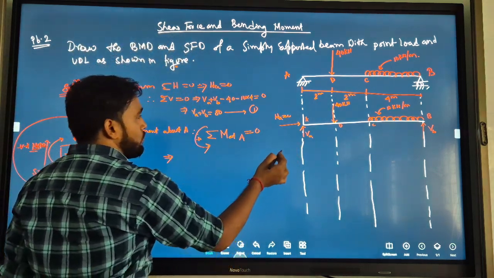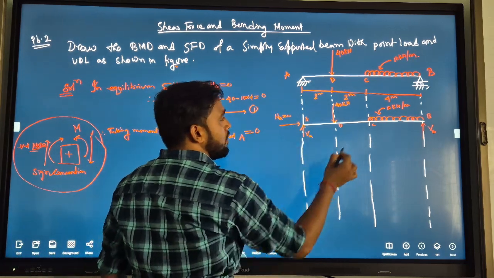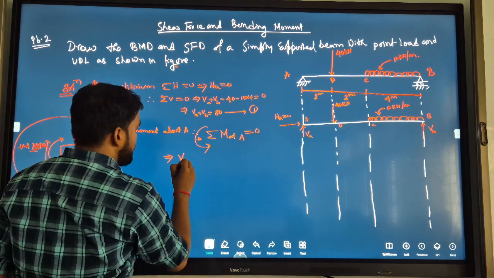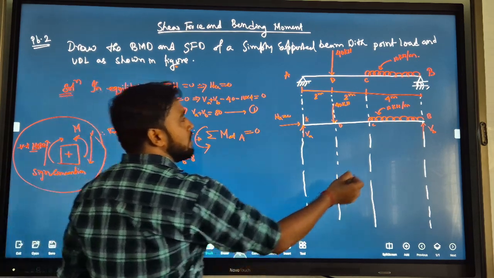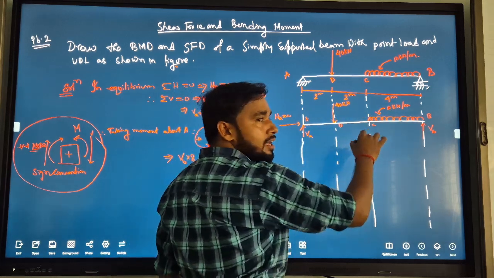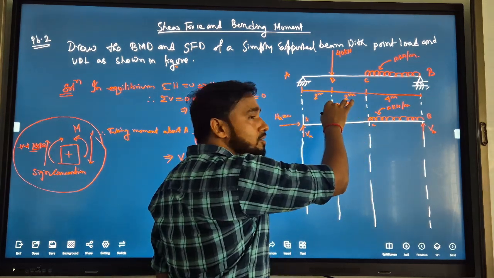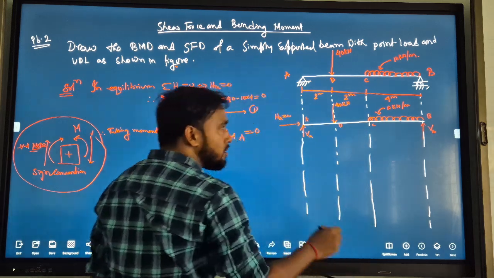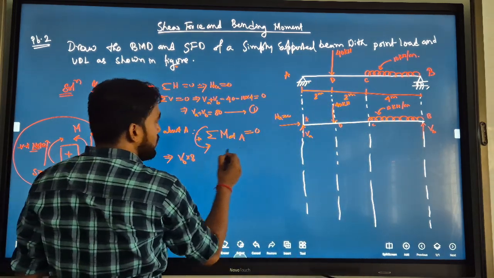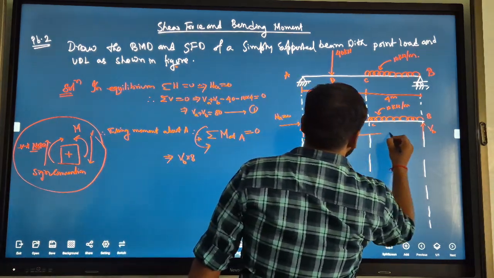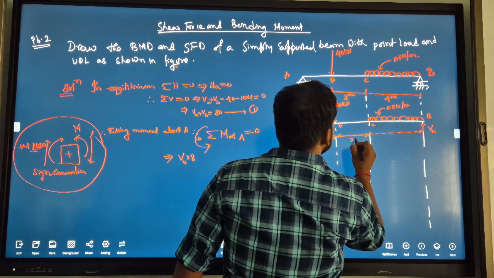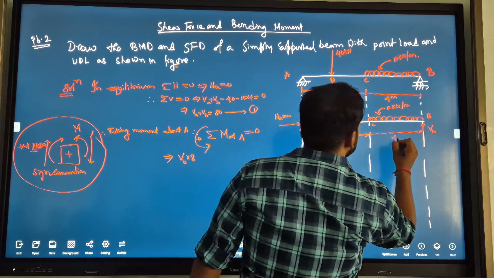Now for the moment about A, VB into 2 plus 4 means 8. So VB into 8, anti-clockwise, and for these two vertical forces 40 and 10 UDL, this makes clockwise moment. So minus. This is 2 meter, 4 meter.